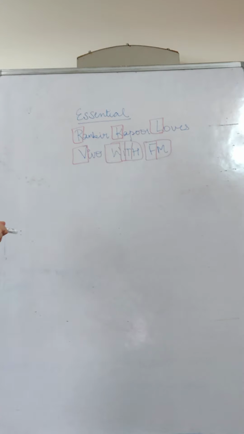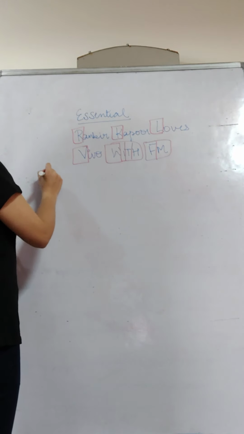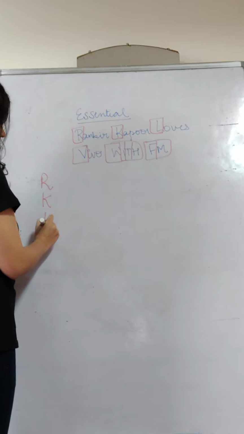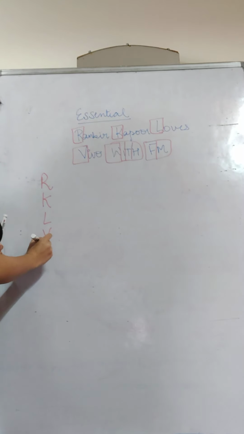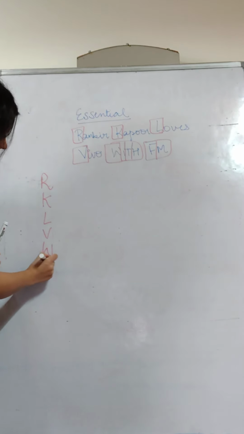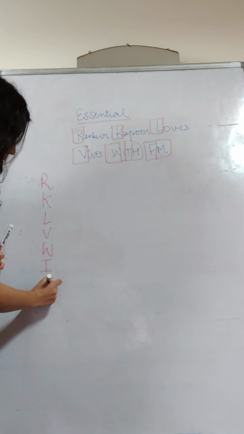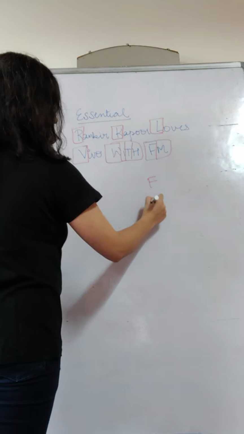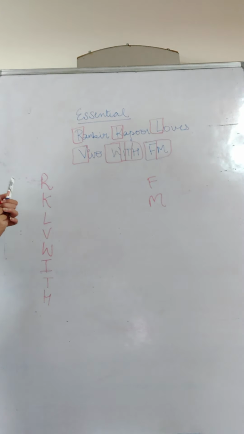So R, first of all we have R, then we have K, L, V, then W, I, T, H and F, then we have M, correct?